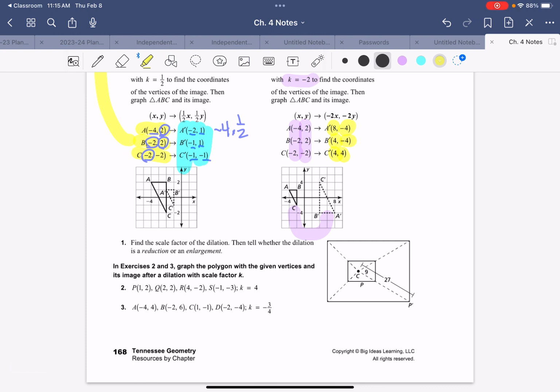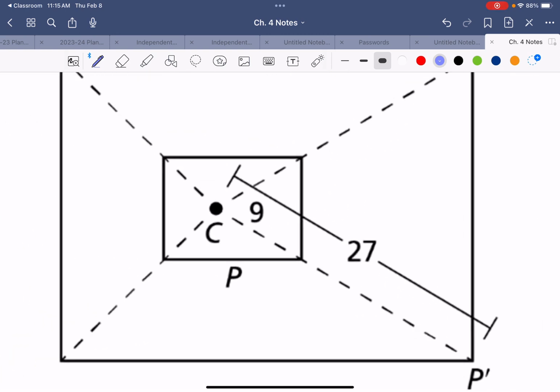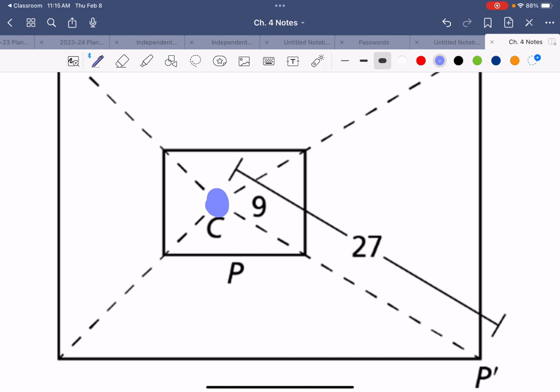Now, number one is asking us to find... it doesn't go with this. This graph is kind of confusing. It goes with number 1 there. It's first asking, is this a reduction or is this an enlargement? So I'm going to look here. Here is C. It's telling me that the small figure is P and the large figure is P prime.